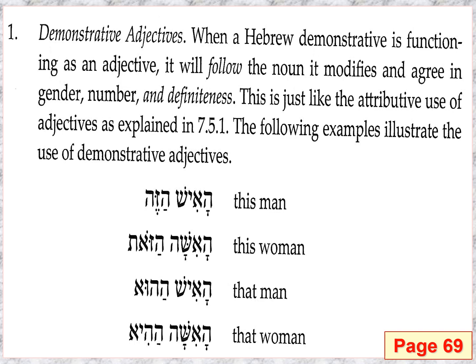They're going to agree. This is just like the attributive use of adjectives that we saw in chapter 7. So, ha'ish hazeh, this man.